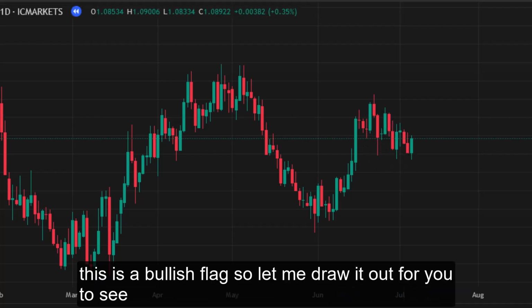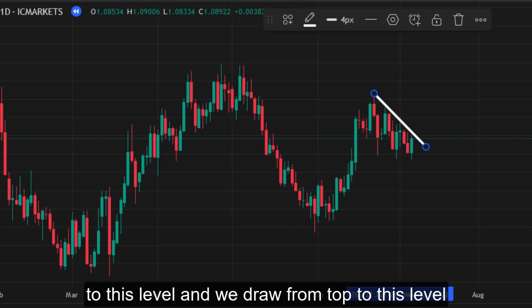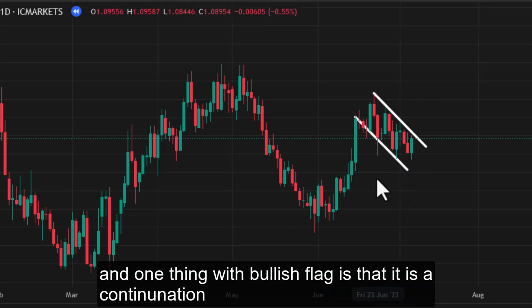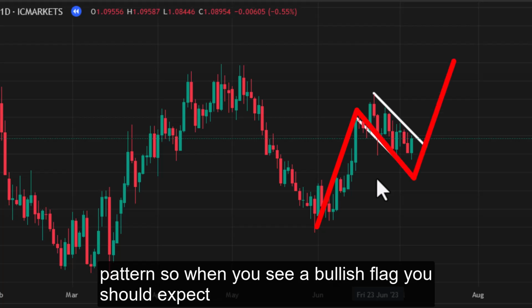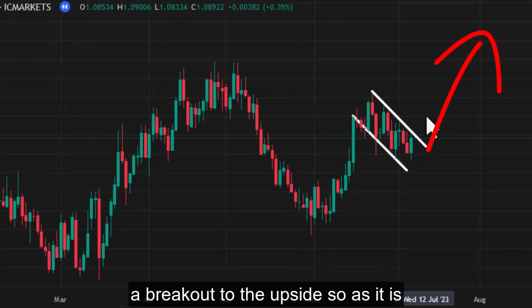So let me draw it out for you to see. We draw from the top here to this level, and we draw from the top here down to this level. One thing with a bullish flag is that it is a continuation pattern. So when you see a bullish flag, you should expect a breakout to the upside.